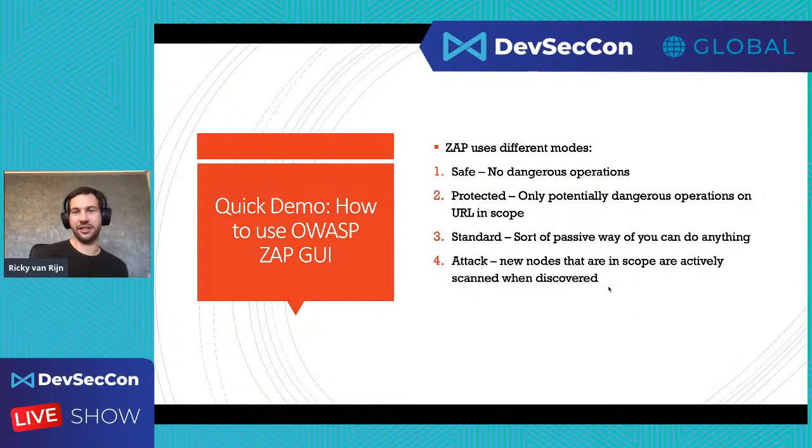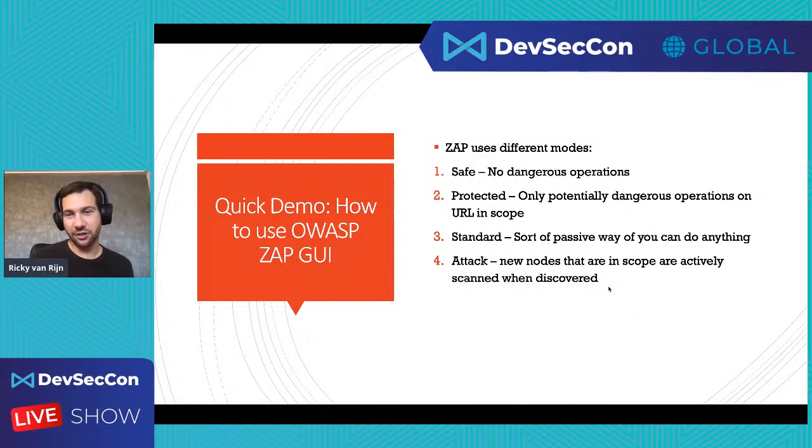There's a safe mode, where there are no dangerous operations through the payloads. Nothing gets harmed, nothing gets manipulated. There's nobody in a blue uniform coming to your door and knocking, asking what are you doing? That's not the case.